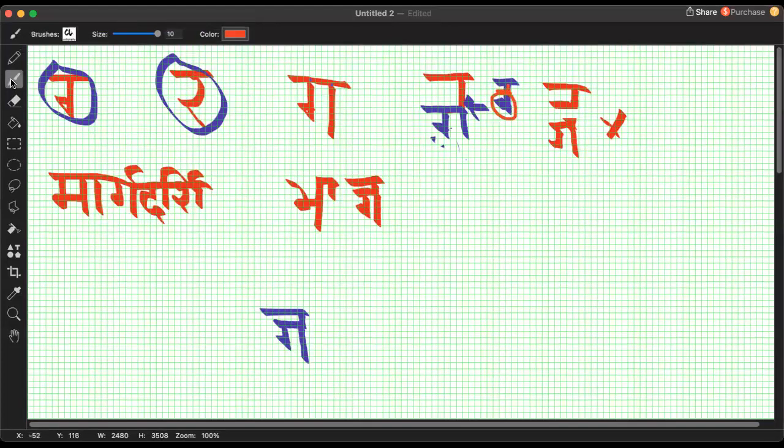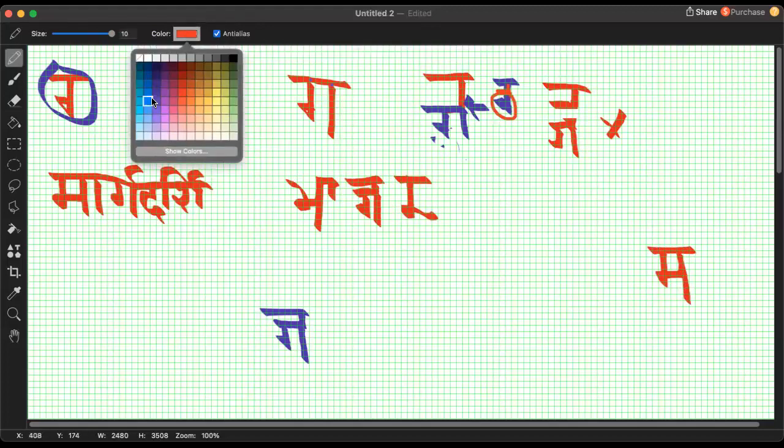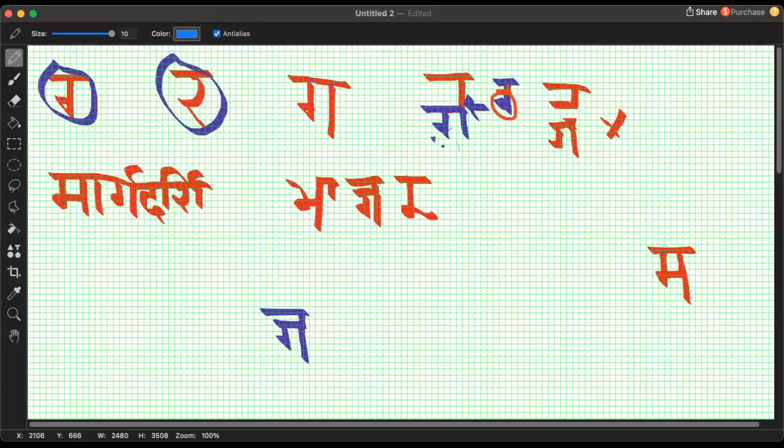So let me complete this word, Margadarshi. I'll write the, and even, we know show. How many times will show touch the Shiroreka? Two times, right? So we see here it is touching the Shiroreka two times. So the second rule will apply. Now what I'm going to do?